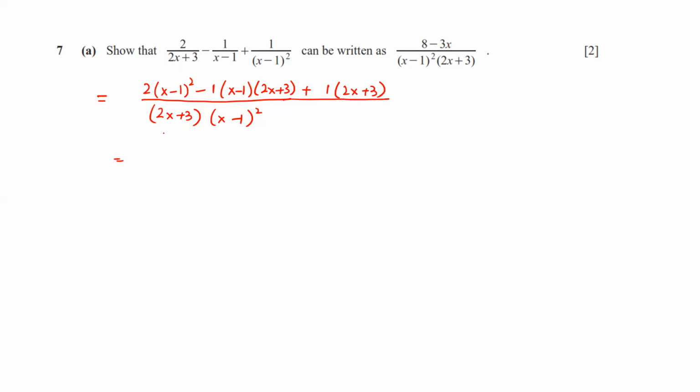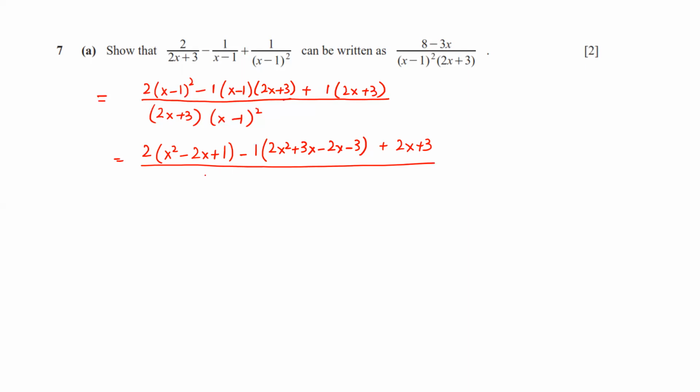So if I solve it here, what I get is 2 into x square minus 2x plus 1, minus 1 times, it becomes 2x square plus 3x minus 2x minus 3, and then plus 2x plus 3, all divided by 2x plus 3 into x minus 1 whole square.